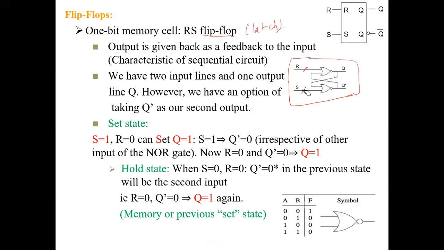So again, in sequential logic, you will always have a feedback loop. You always have this kind of loop, which is called a feedback loop.